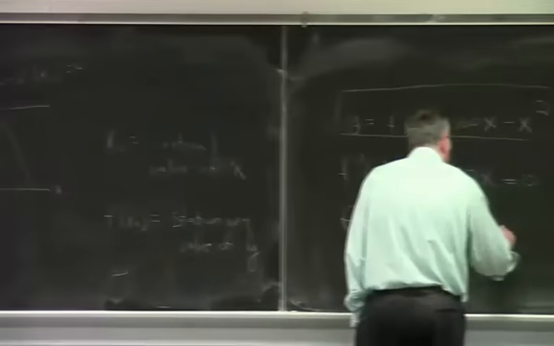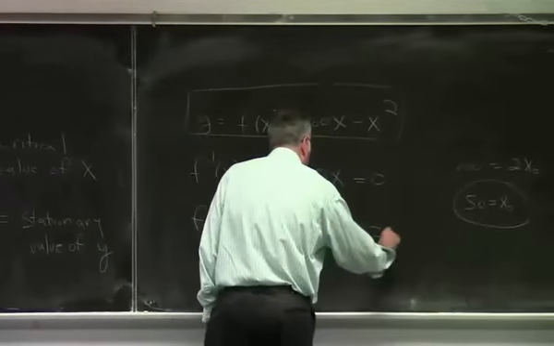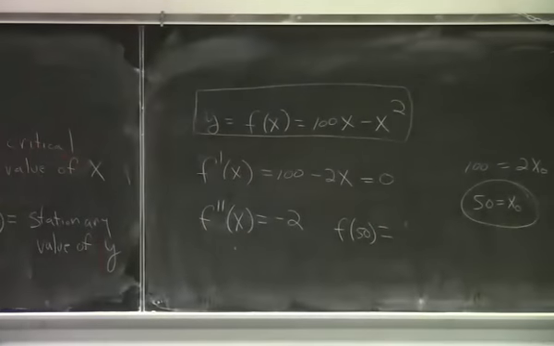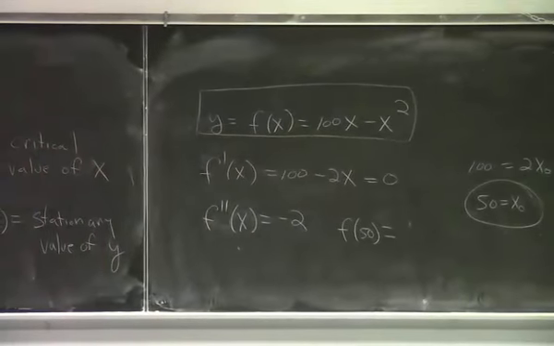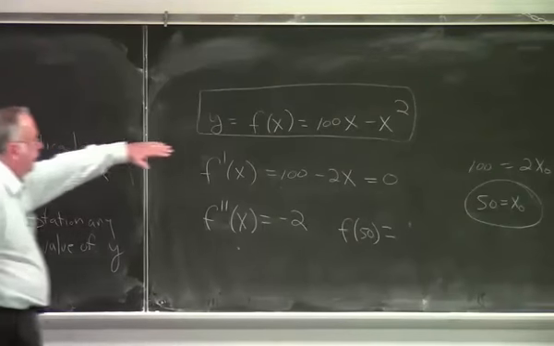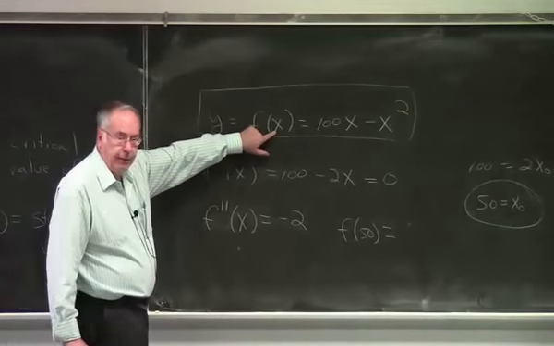And what is f of 50? Now notice, in order to get this, you have to go back to the original function. So what is f of 50 in this case? Just go back to this equation right here and substitute 50 for x.